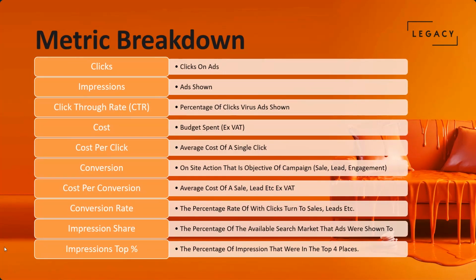A 50% impression share means you're showing ads to 50% of the search volume that's out there for that particular keyword or campaign or audience, for instance. And then top impression percentage is the percentage of impressions where you're in the top four spot. There's also another one based on that, called impression top absolute, which is the percentage of times you're at the number one spot as well.